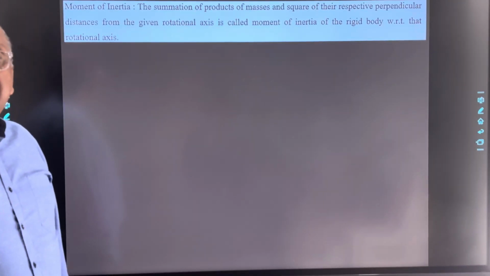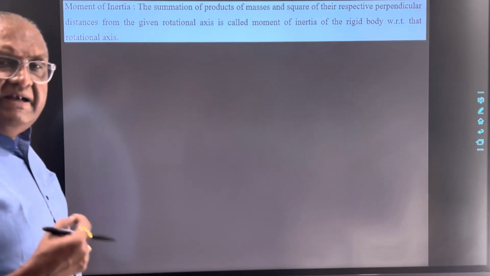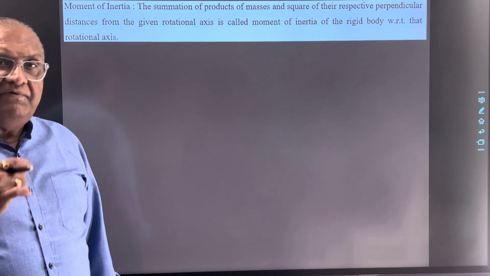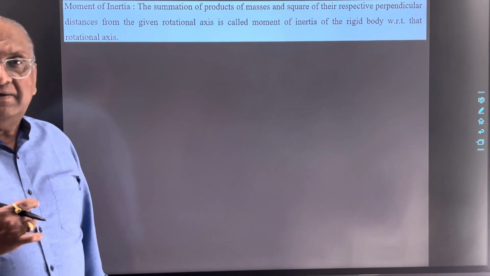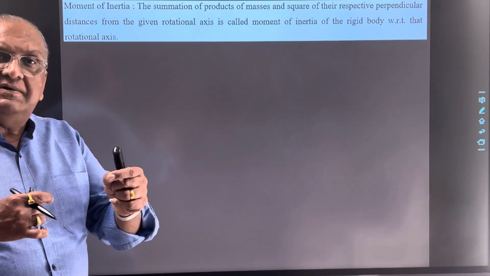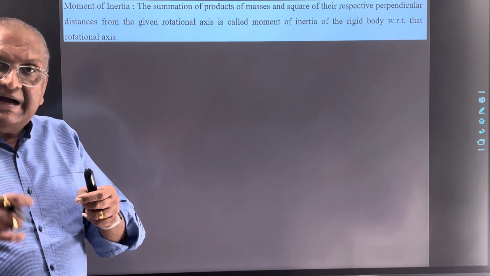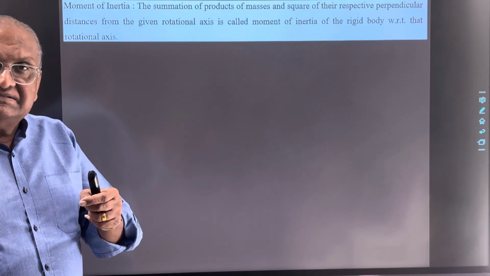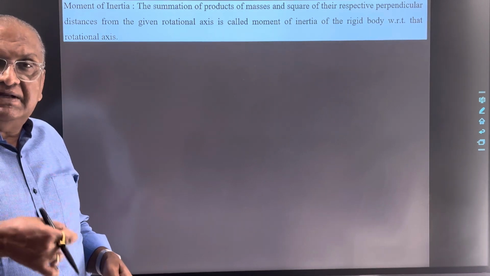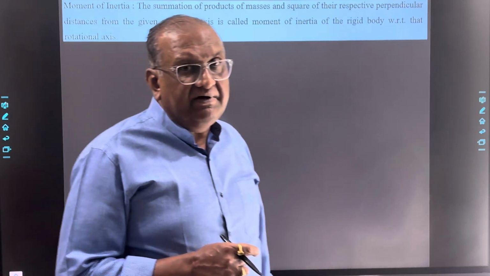If we compare it with the equation of kinetic energy in translational motion, k equal to half mv square, then we can understand this thing. The role of mass in translational motion and the role of moment of inertia in rotational motion are both the same.